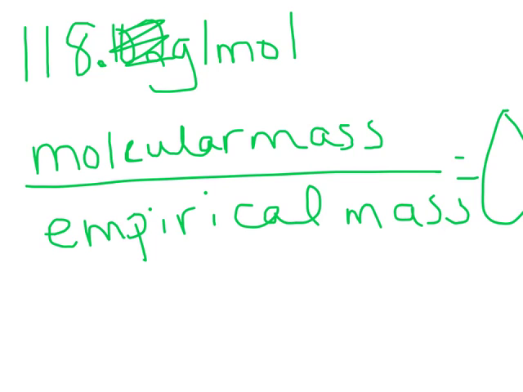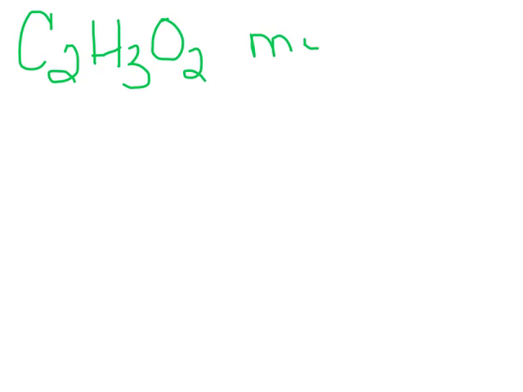So I already know the molecular mass, 118.1. But what is the empirical mass? What is the mass of C2H3O2? Okay, so what is its molar mass? You can easily find that out. I've seen all of you do it. You're really good at doing it.